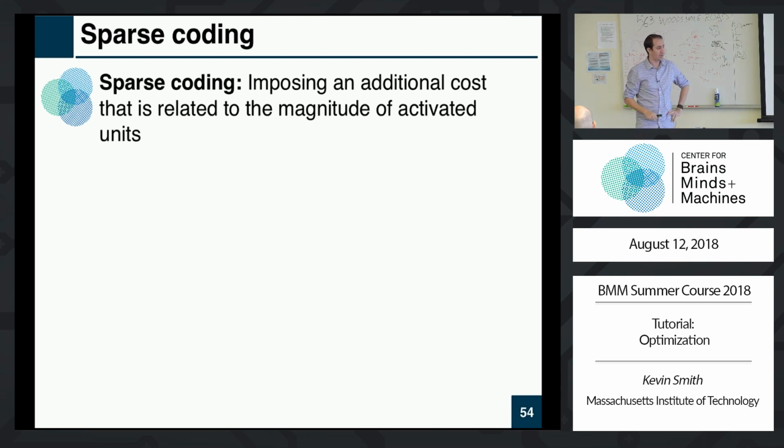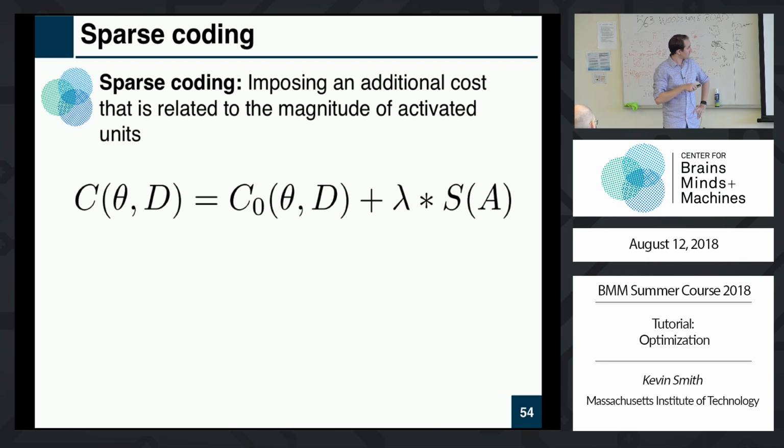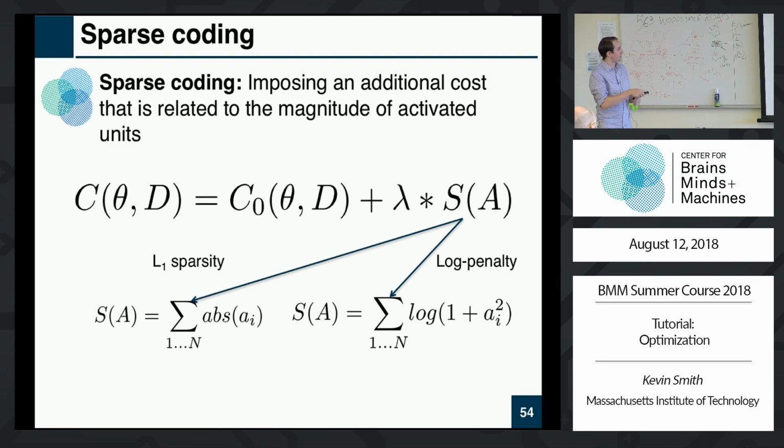We can define it again as this base cost function, which is just how well the recreated image matches the natural image that I'm trying to recreate, plus this sparsity term, which is often defined as L1 sparsity, just how much activation there is, or a log penalty sparsity, and again some weighting to say how much of a sparsity prior you want in there.